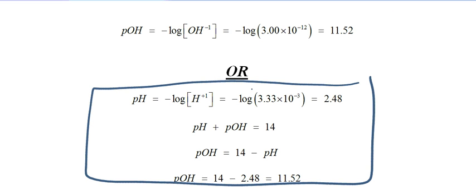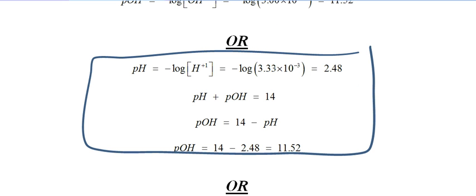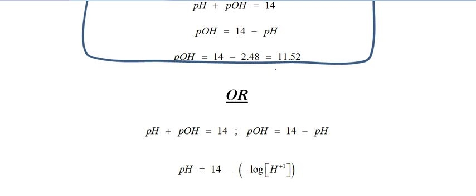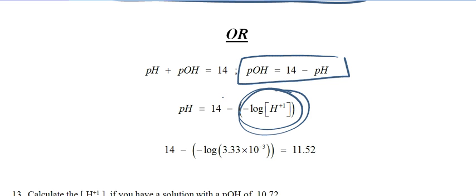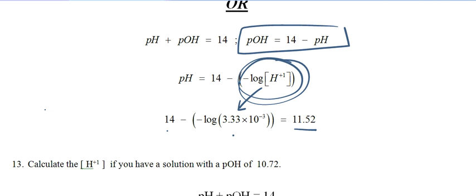Some of you may realize, hey, I know my hydrogen concentration, and I can go right for the jugular here and just use pOH is equal to 14 minus the pH, plug in my value here to get my pH value. So 14 minus my pH is equal to 11.52. Whichever way is comfortable for you, again, I don't care which way you go.